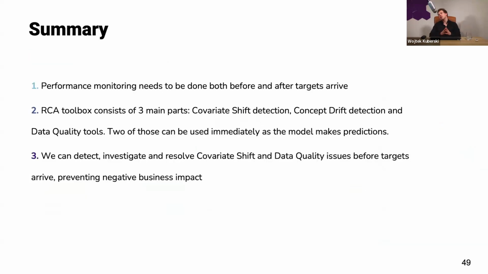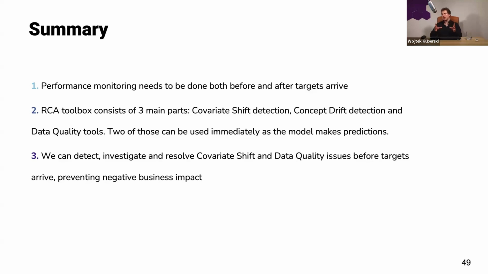So now, just to summarize, performance monitoring needs to be done both before and after the targets arrive, but most of the high-level root causes can be detected before the targets arrive. And in terms of our RCA toolbox, we have three main parts. We have the covariance detection algorithm, we have the concept drift detection algorithm, and we have the data quality tools.